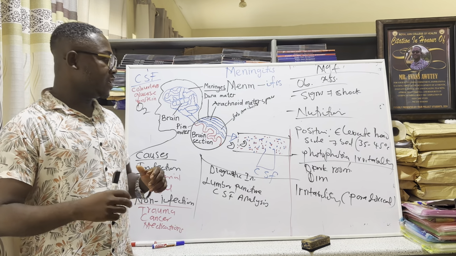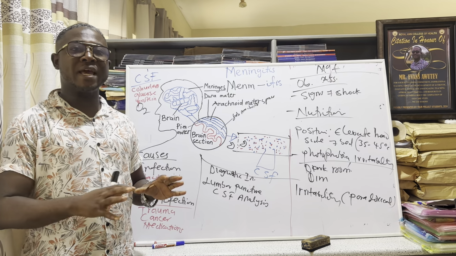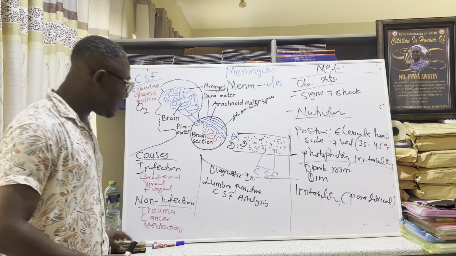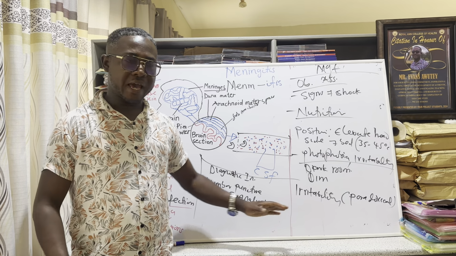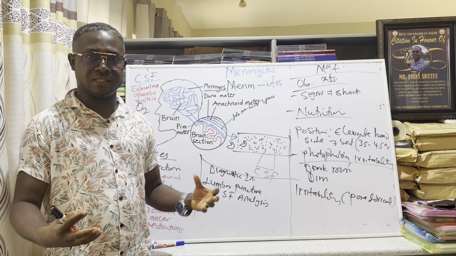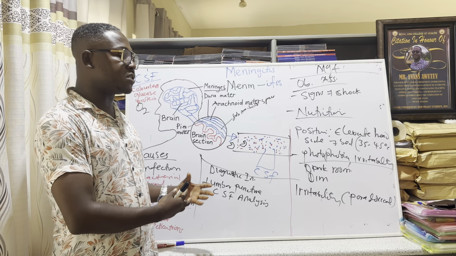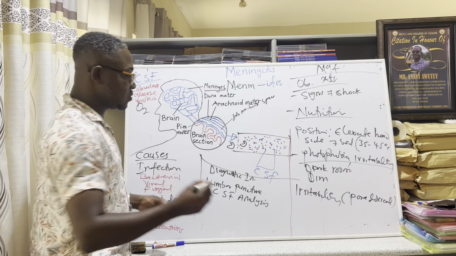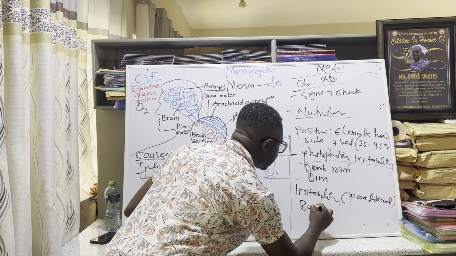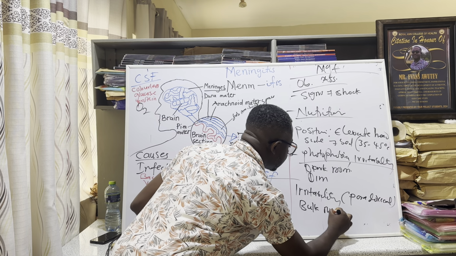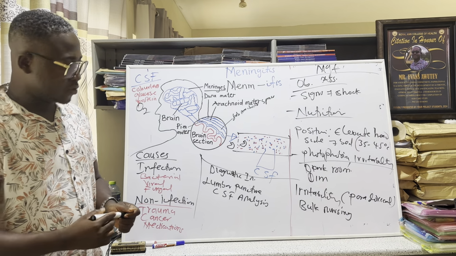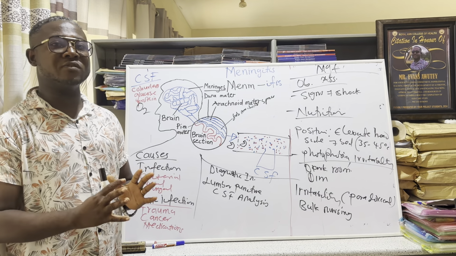They become irritable when they are being touched, and so to ensure that they have adequate rest and not causing seizures, which is also one of the clinical features of meningitis, what we need to do is bulk nursing. Bulk nursing. And so we do everything at once for this patient.